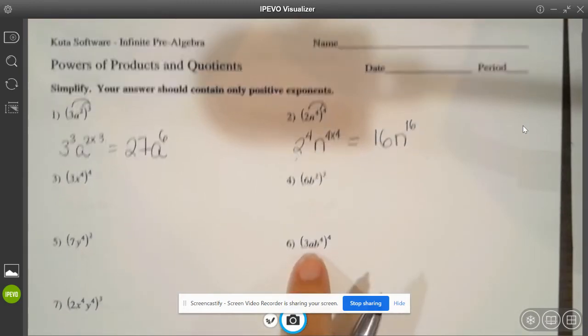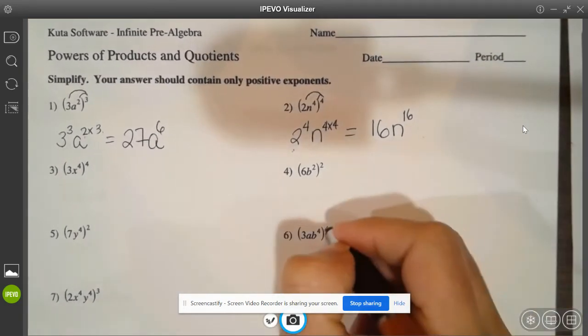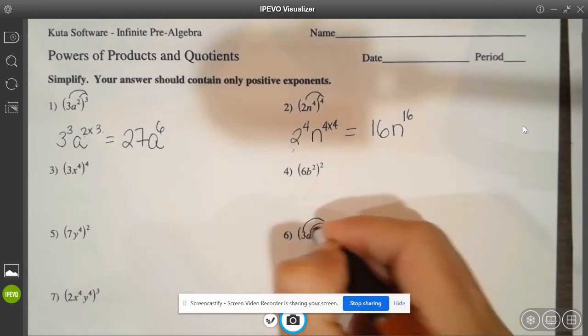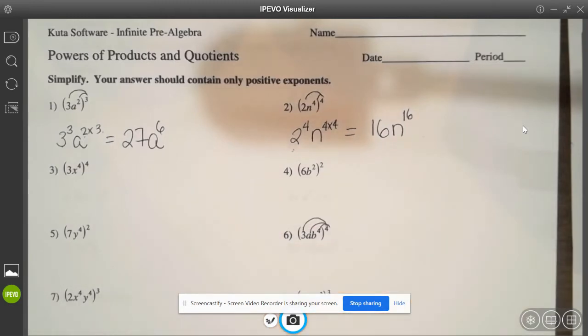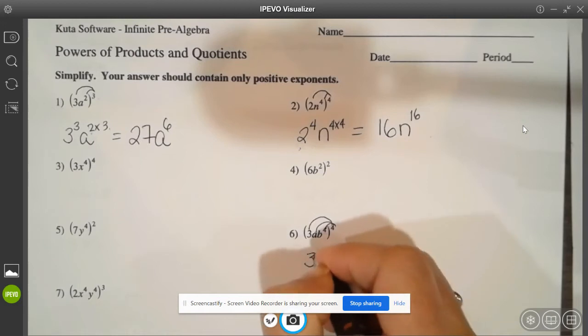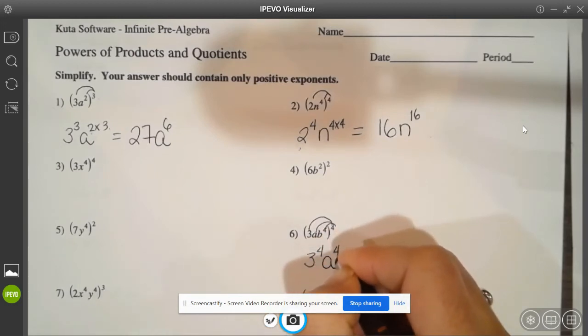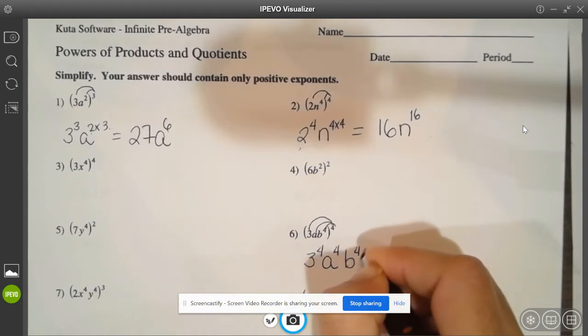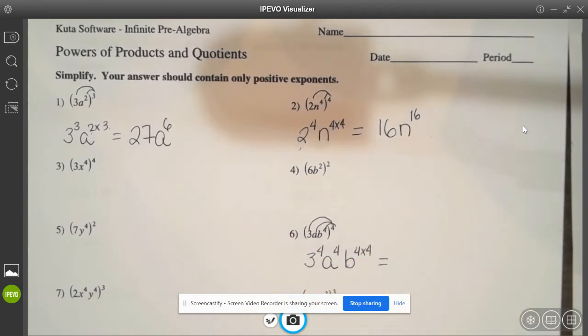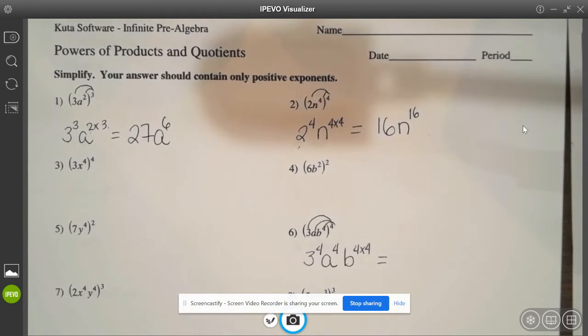Okay, so say as an example, you have 3 items here. So that goes to a, and this goes to b, with multiplication. So that's 3 to the 4th power times a to the 4th power and b to the 4 times 4, right? And then you are supposed to simplify that.